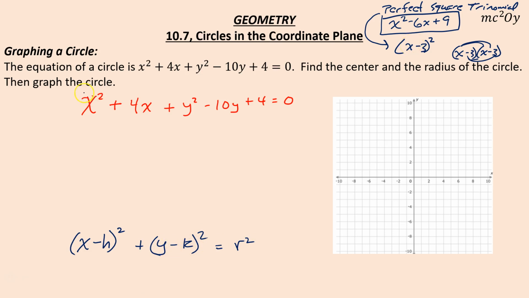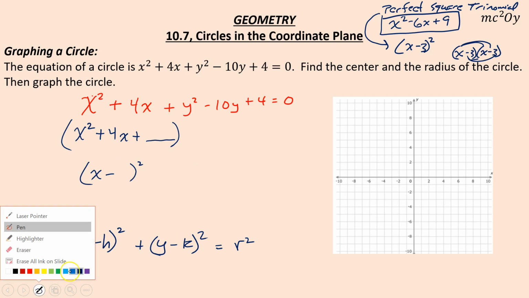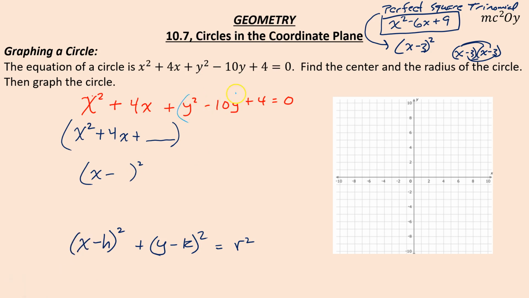So what you need to do is take your x values, x squared plus 4x plus something, like here, x squared minus 6x plus something. That's going to be a trinomial that's going to break into (x - something) squared. And you also need to take your y pieces, where you have y squared minus 10y plus something.